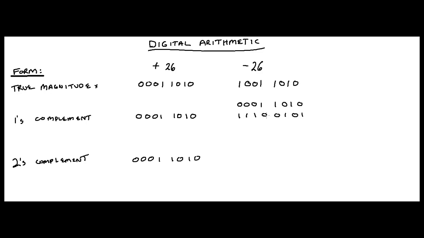Wherever there was a 1, I changed it to a 0. Okay? So there's your ones complement of a negative number. It's not that complicated, is it? Right? Now, the 2's complement is even easier. You simply take the 1's complement and you add 1.